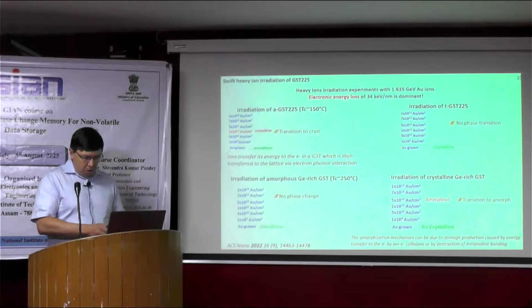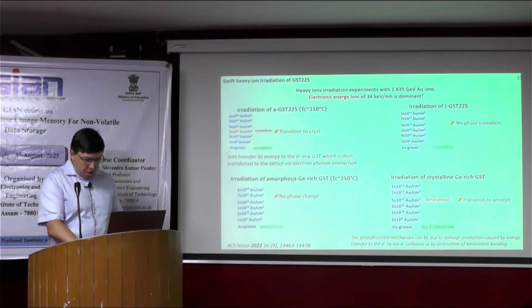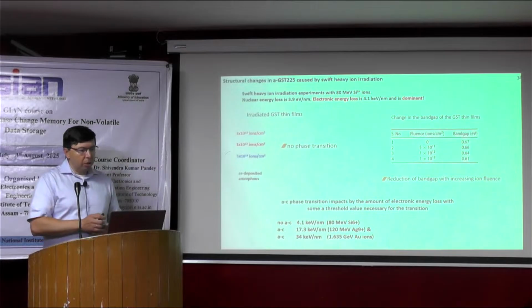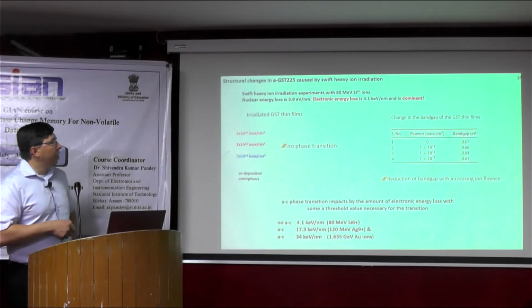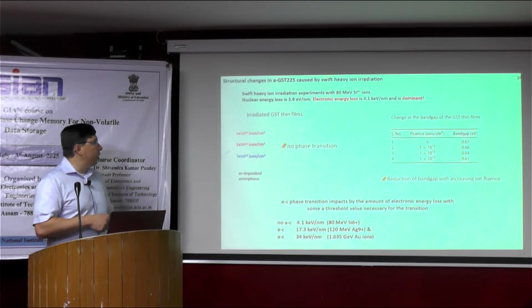So now let us also look at ion irradiation at 80 MeV, also swift heavy ion irradiation. They also cause electronic energy loss.